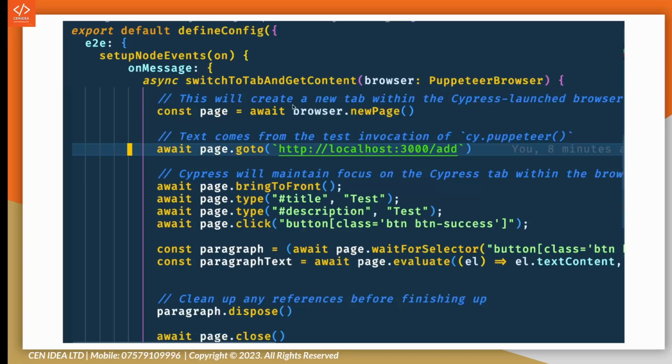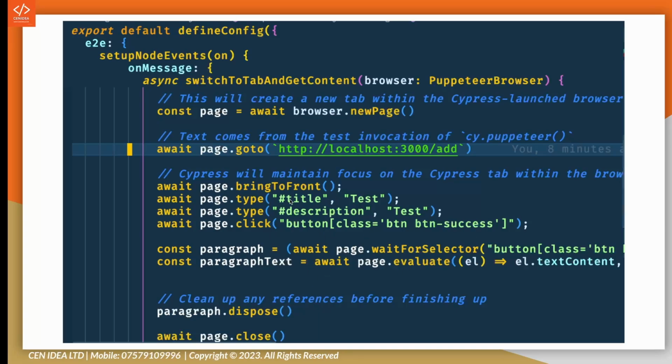In this case, this is a method where we create a brand new blank tab, a fresh tab, and then enter a URL that we want to follow through and then do our test. This is how Puppeteer does its own typing and clicking and getting a text. These three actions are here.